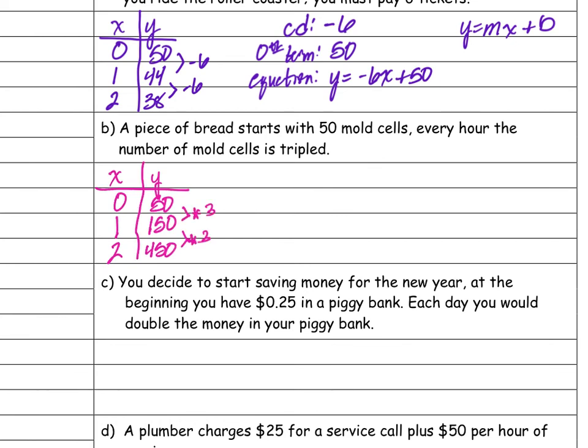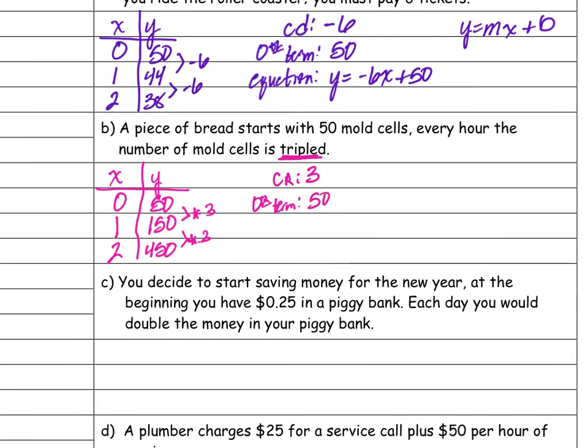So that means I'm multiplying by 3. And it says it's tripled. That usually means, like when I'm using tripled or quadrupled or doubled, any words like that, that usually means I'm multiplying by something. So that means I have a common ratio because I'm multiplying. My common ratio is 3. My 0th term, in this case, is 50.